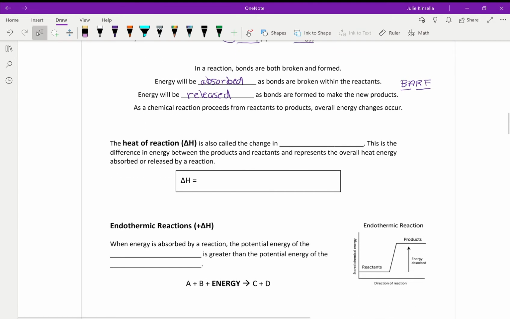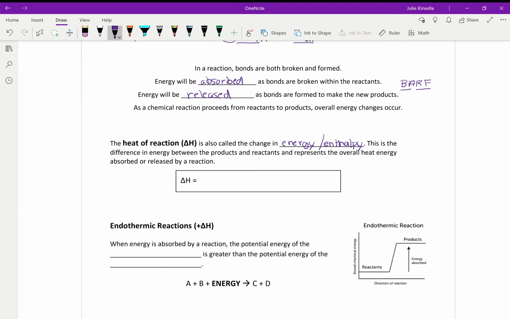When we look at all of this together in a reaction, the overall change is called the heat of reaction, which you're going to constantly be seeing as delta H. This is the change in energy, or the change in enthalpy. This is the difference of the energy between the products and reactants, and represents the overall heat energy being absorbed or released.